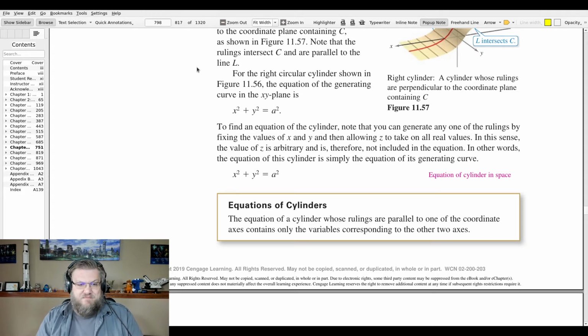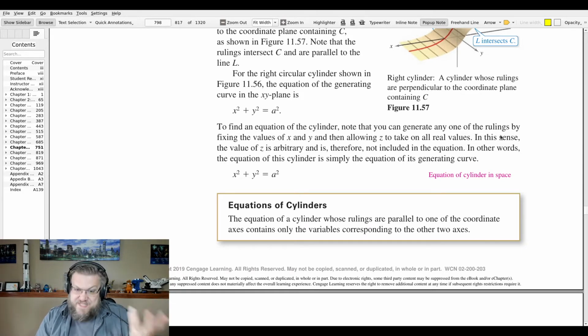What that means basically is if you have x, y, and z, but z is missing, now you have just x and y, that's going to generate a cylinder. If you have x, y, z, but you're missing a y, then that's going to generate a cylinder.